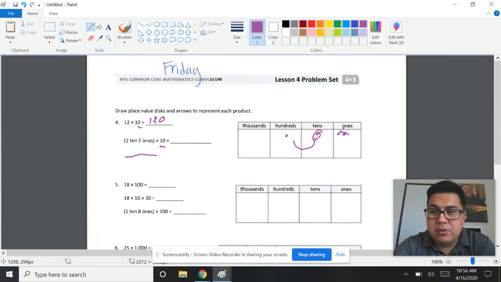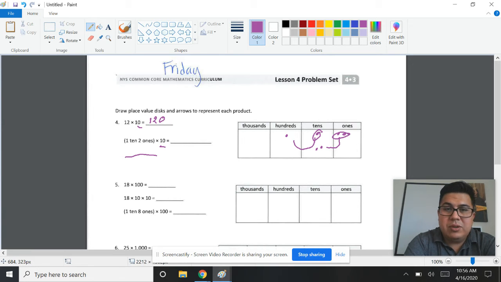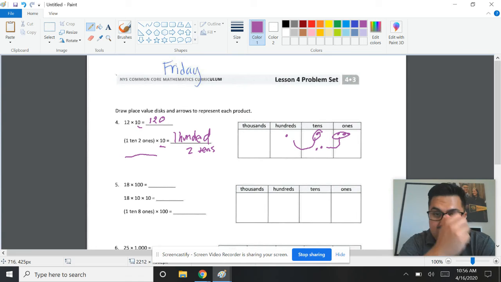And then if we circle these two and move those over, now we have 1 hundred and two tens, which we know is still equal to 120.